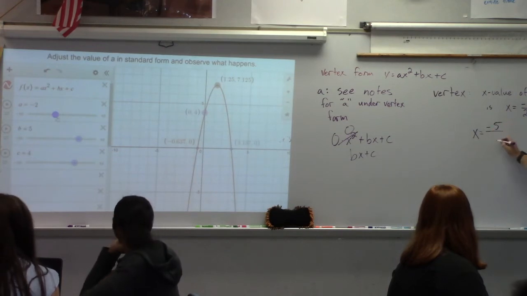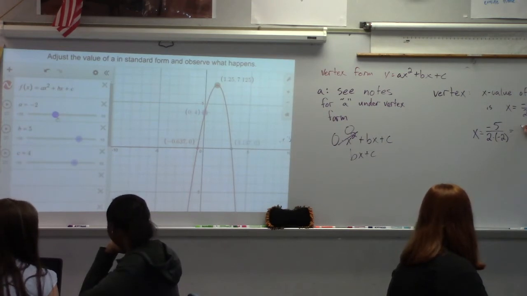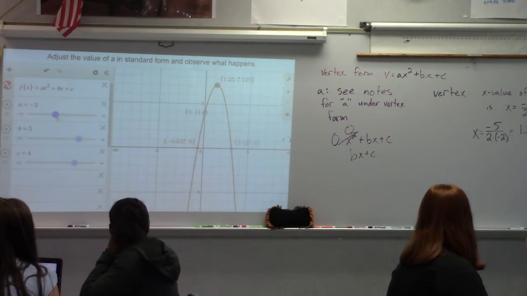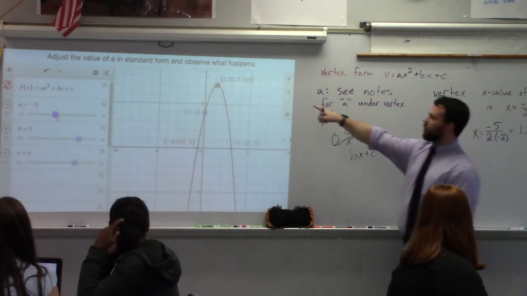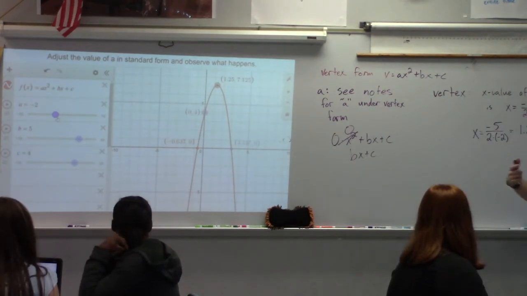Okay, so I've got negative 5 divided by 2 times a, which is, okay, what's a negative divided by a negative? A positive, right? So the x value of the vertex is 1.25. Does that look to be like the x value of the vertex to you? Positive 1.25? Deja, you see up there at the vertex? The x value of the vertex is 1.25? So that's how we get it, right?